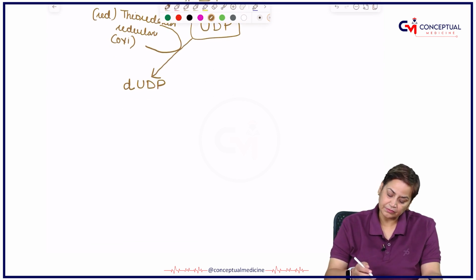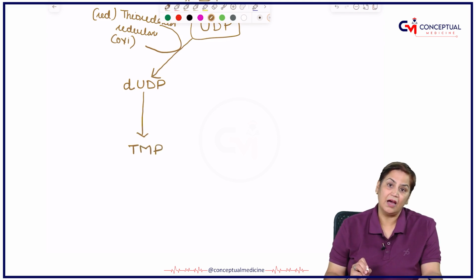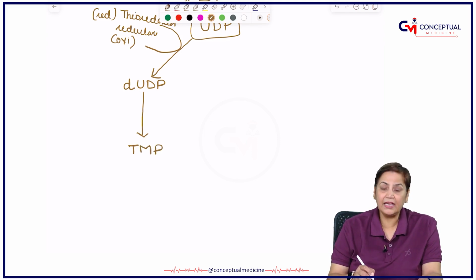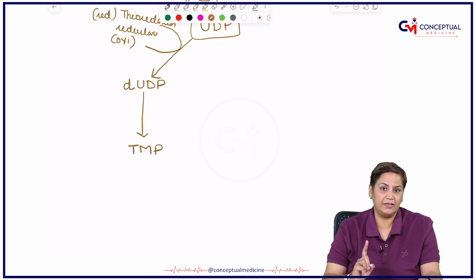And this then will be converted into thymine monophosphate, by taking a methyl group from folic acid.